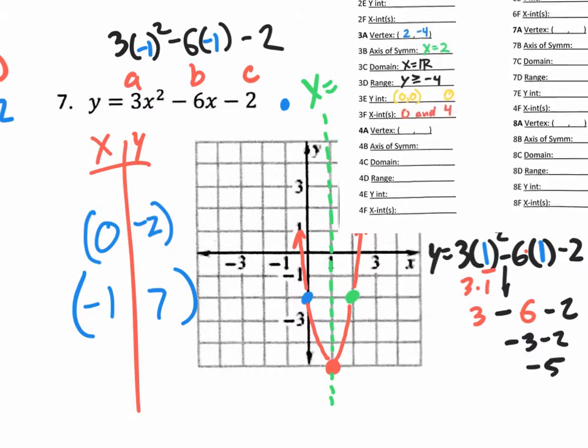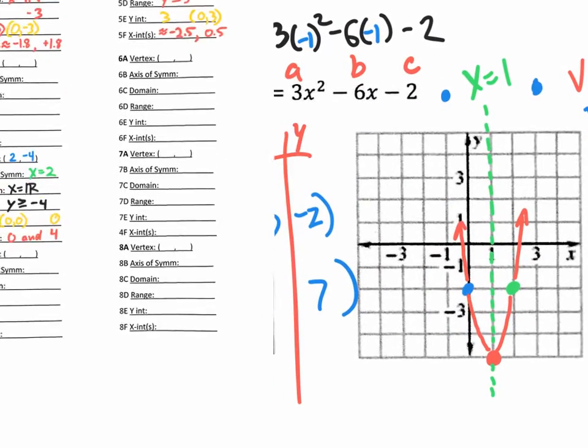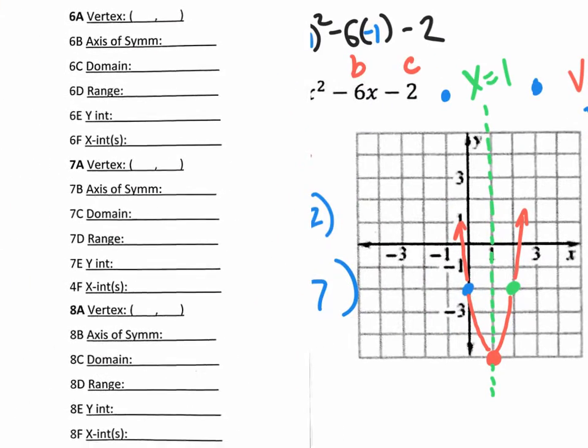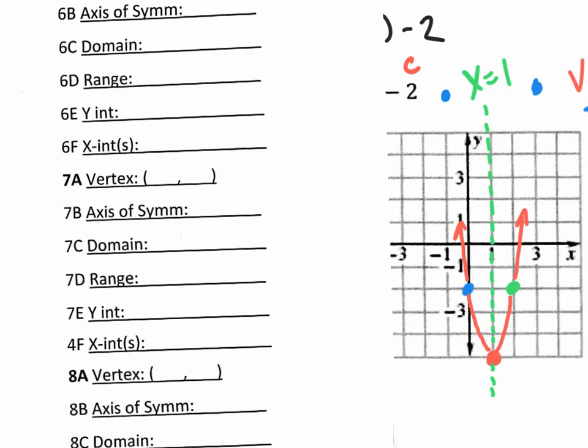Last but not least, let's get our additional paper here. And what's the vertex? 1, negative 5. How about the axis of symmetry? X equals 1. How about the domain?